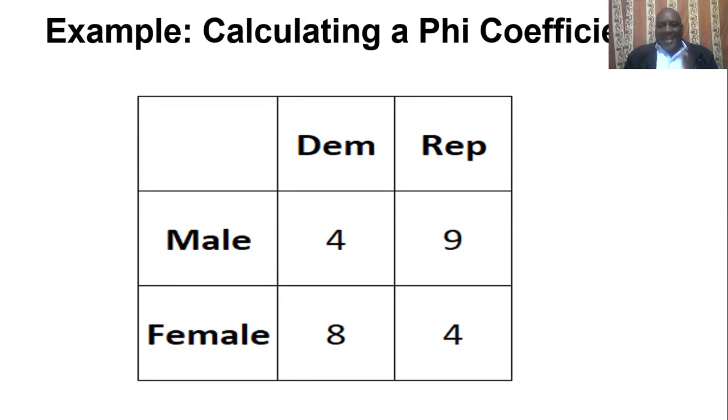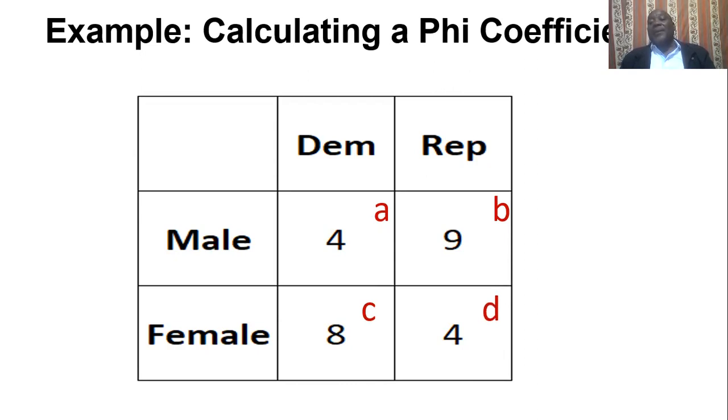On the left side, we put the gender, male and female. We now proceed to name each cell. The first cell, we name it A. The second cell, we name it B. The third cell, we name it C. And the fourth cell, we name it D.